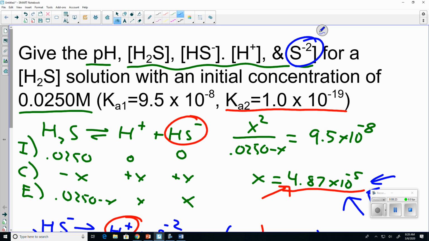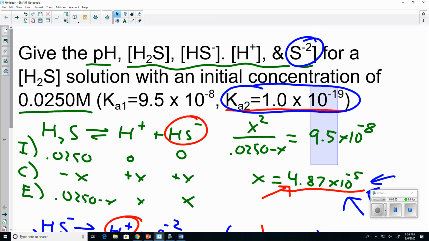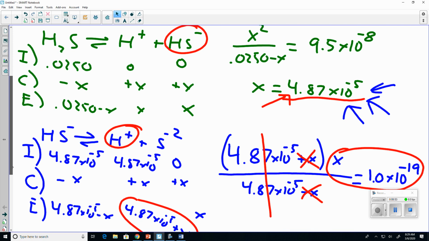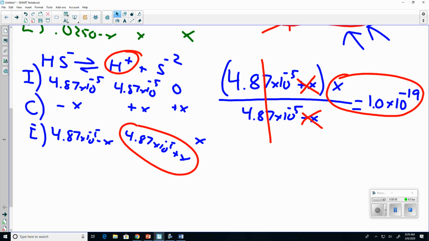But, ladies and gentlemen, you are never going to try to solve for the second conjugate base, the second anion, because I have just shown you the one time you ever need to see this, that second thing's concentration is the exact same thing as the second K. So you will never have to do that math because I've just mathematically shown you that everything cancels out and your X value for this guy right here is that K value.